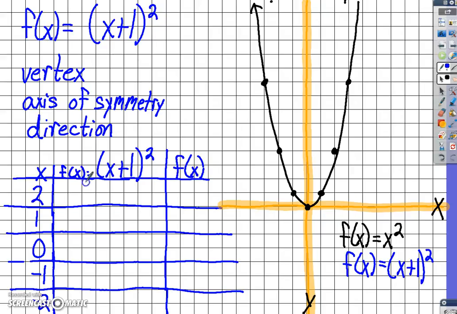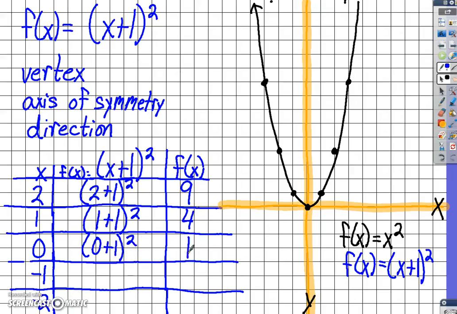So if x is 2, we've got 2 plus 1, that's 3. 3 squared is 9. So at 2, we're at 9. If x is 1, we've got 1 plus 1, that's 2. 2 squared is 4. If x is 0, 0 plus 1 is 1, and 1 squared is 1.